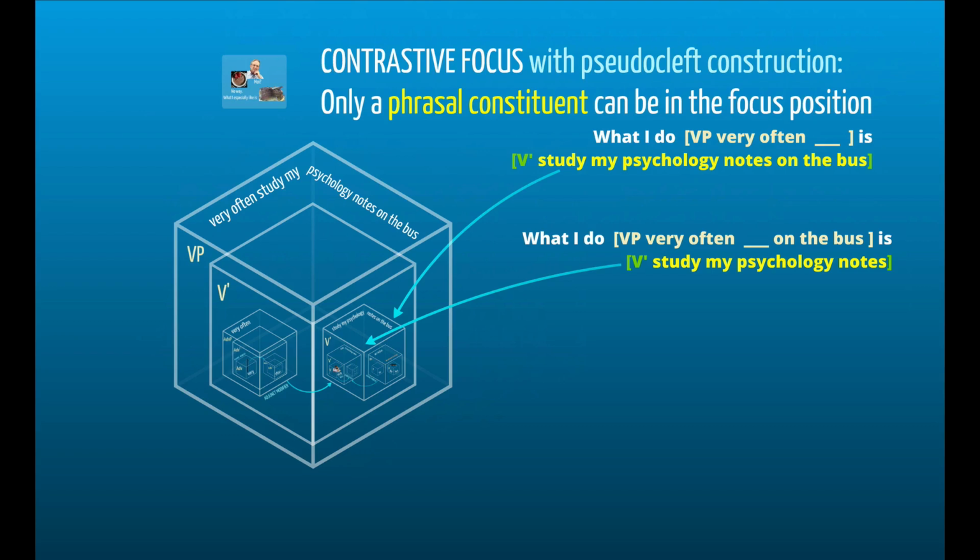Although it is possible to focus on just a verb by itself, as in the case of what I very often do on the bus is study, this is only possible if the verb is enclosed all by itself in a V-bar. This happens whenever it does not have a complement.